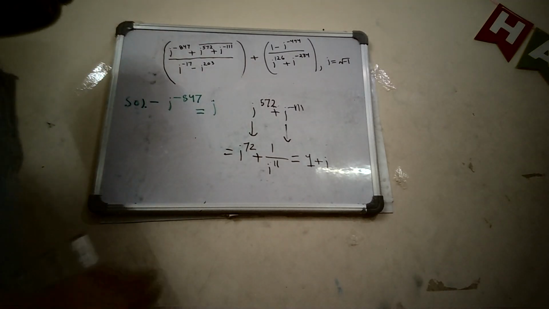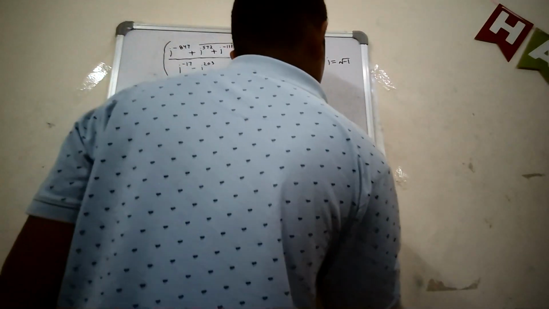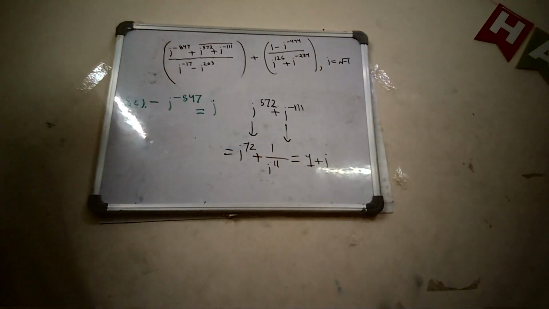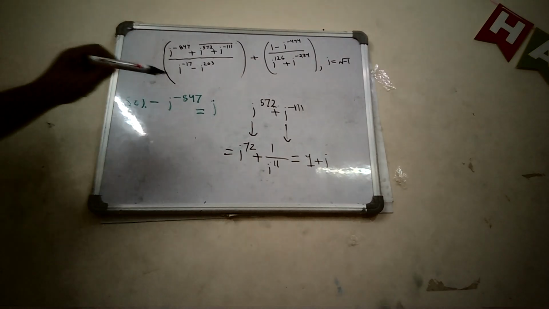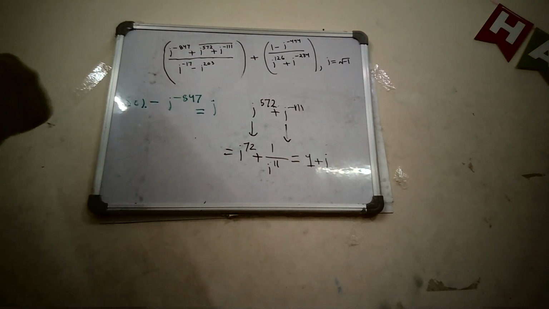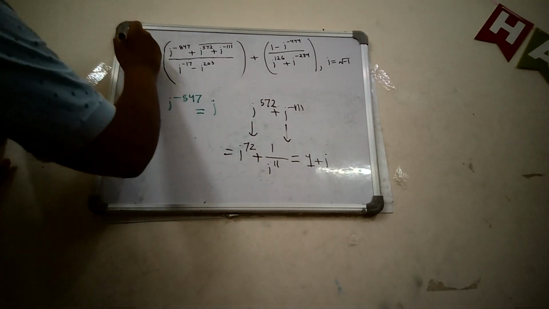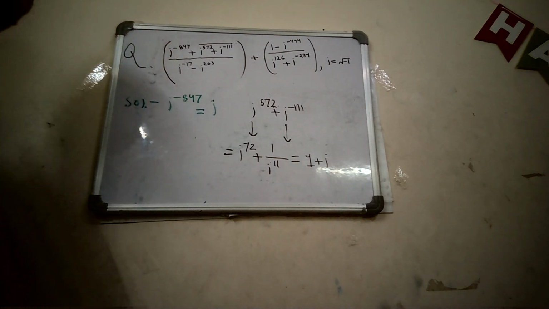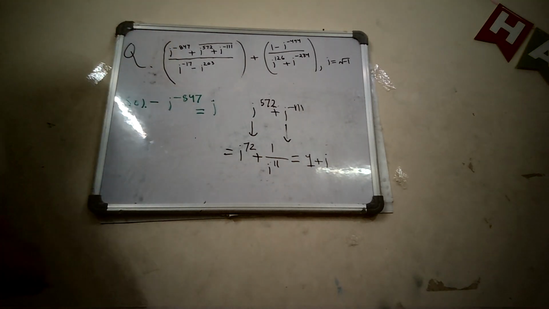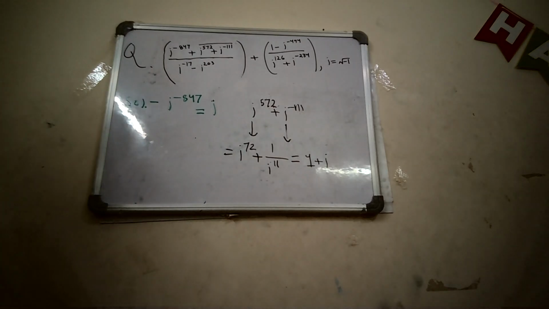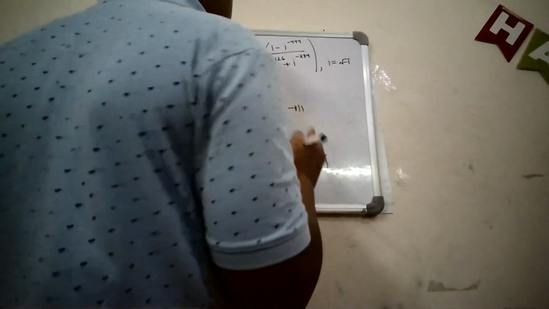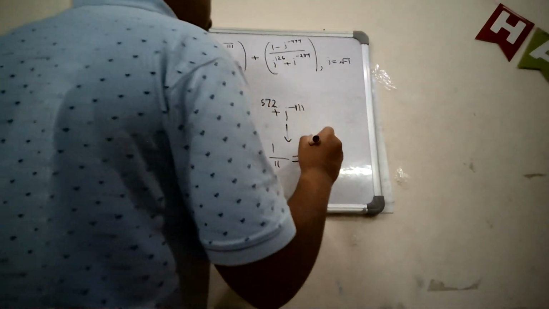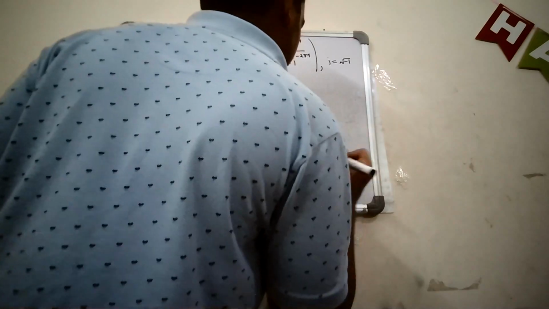And now we have a complex number here. 1 plus I. So let's go ahead and plug these two values in this expression. That's what the question asks. One more thing. The conjugate of this, we have to flip the sign. So this will be 1 minus I.